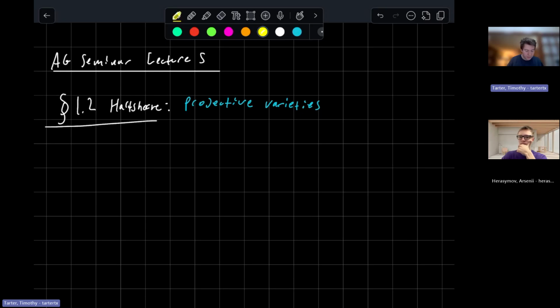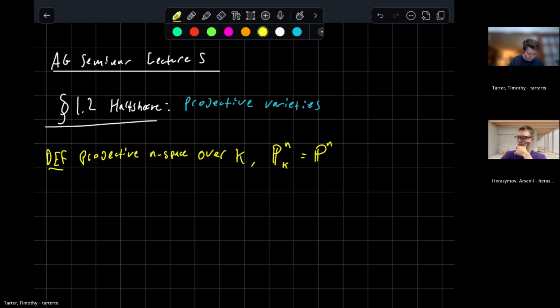And so in a similar way to affine n space, we're going to define projective n space over an algebraically closed field K. It's just going to be this P^n over K, or usually just P^n, where P^n is the set of equivalence classes over K of n plus 1 tuples.